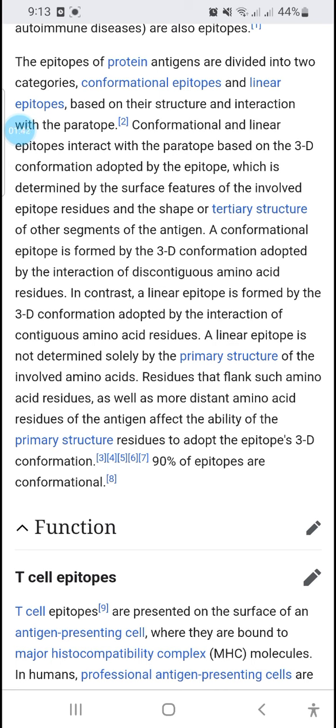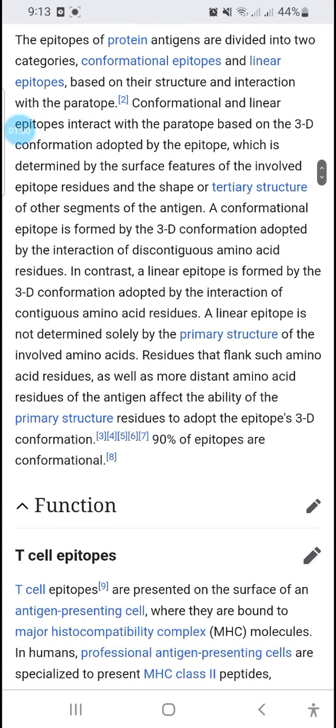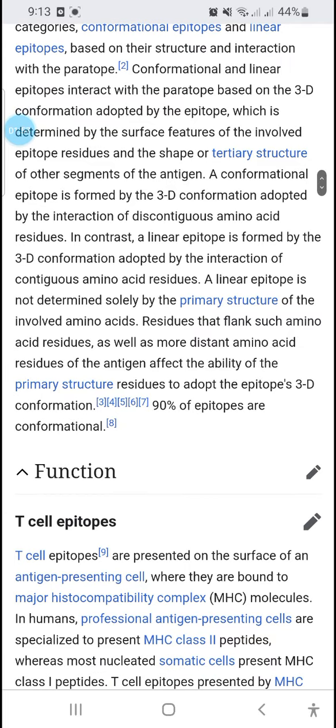A conformational epitope is formed by the 3D conformation adopted by the interaction of discontiguous amino acid residues. In contrast, a linear epitope is formed by the 3D conformation adopted by the interaction of contiguous amino acid residues. A linear epitope is not determined solely by the primary structure of the involved amino acids.